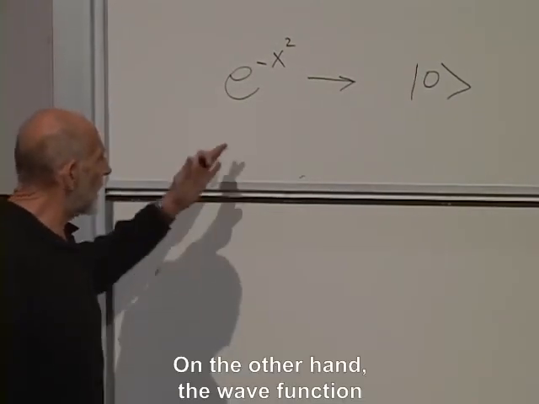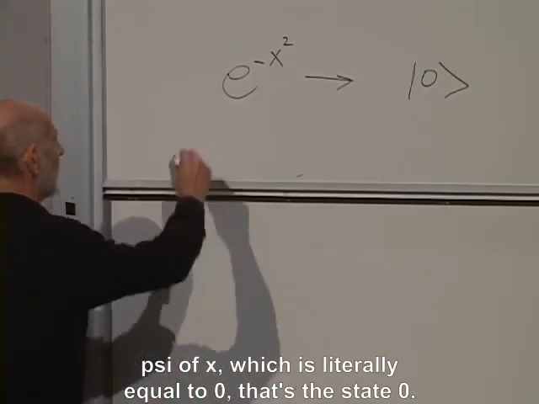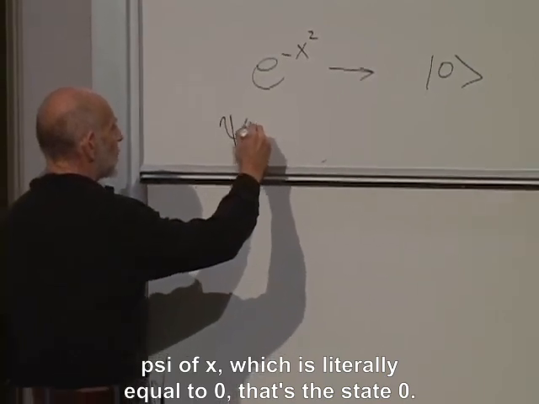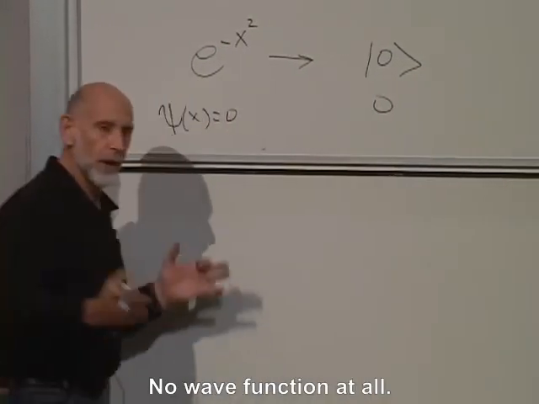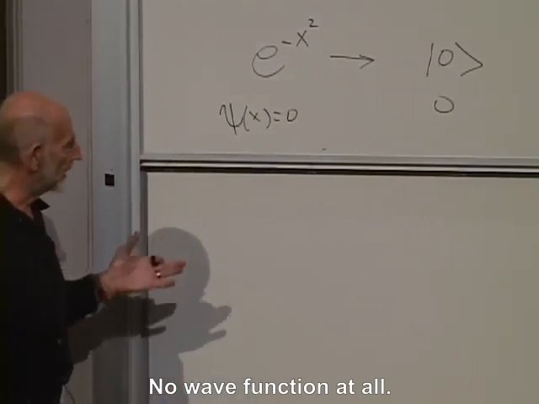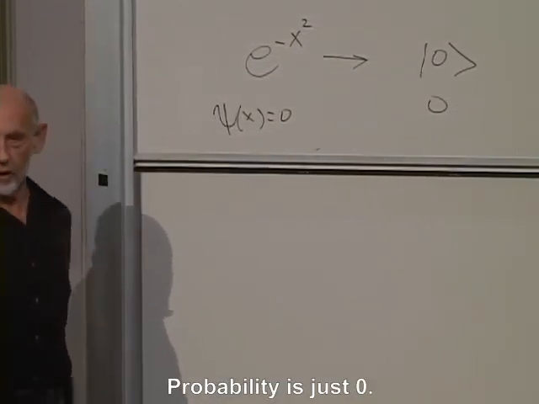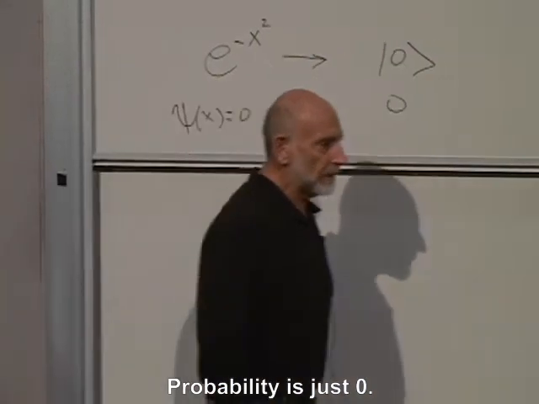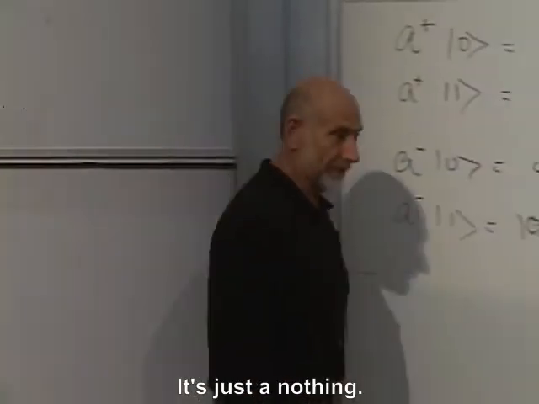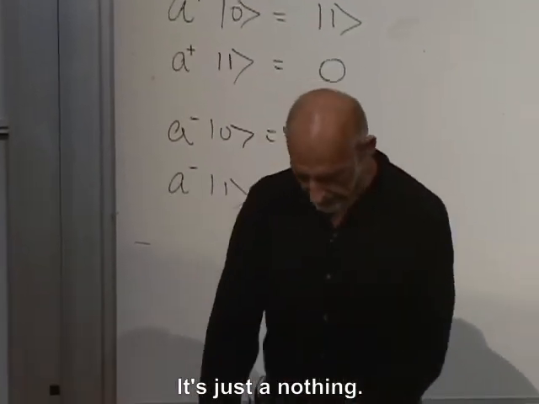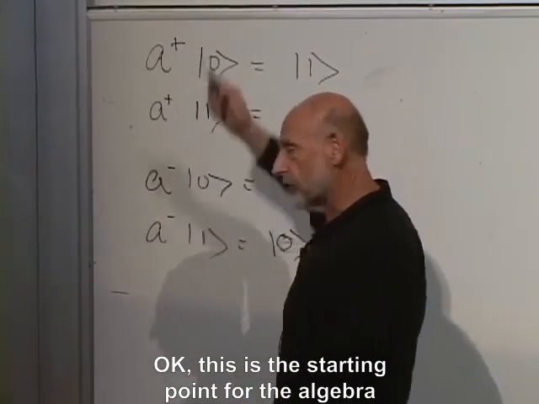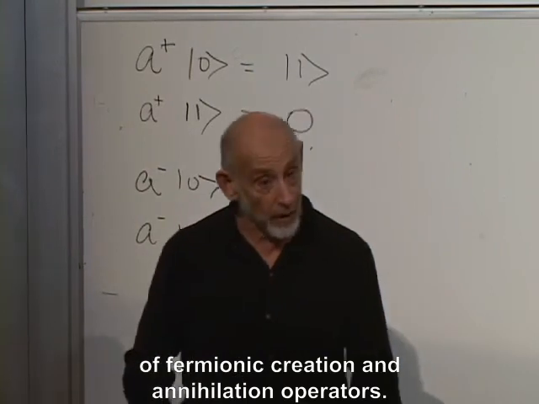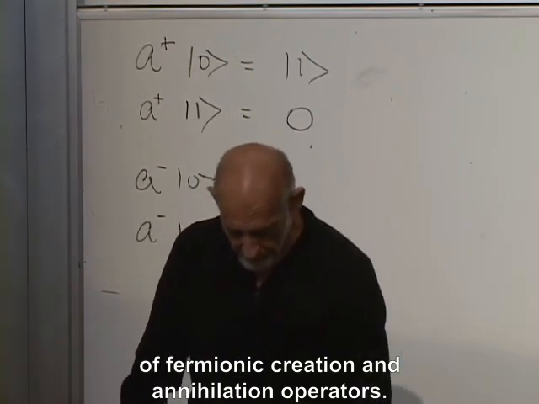On the other hand, the wave function psi of x which is literally equal to 0, that's the state 0. No wave function at all. The probability is just 0. It's not a state, it's just a nothing. Okay. This is the starting point for the algebra of fermionic creation and annihilation operators.